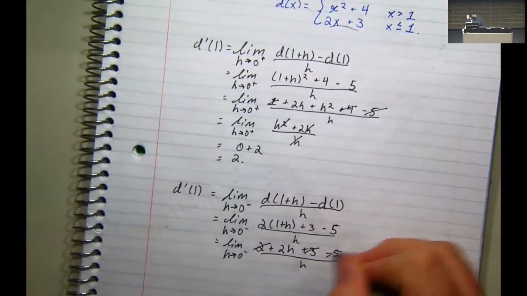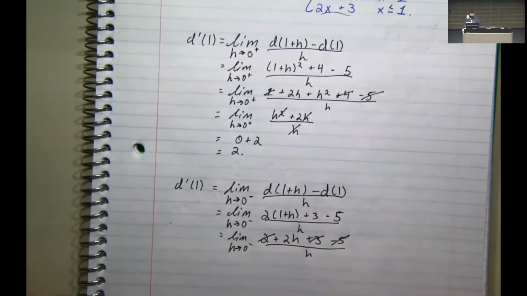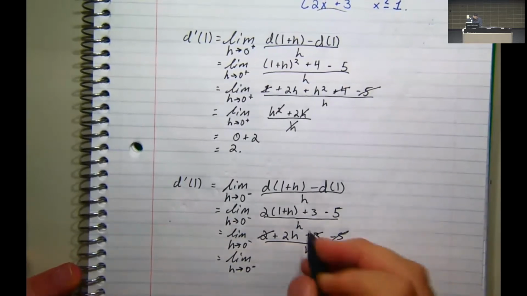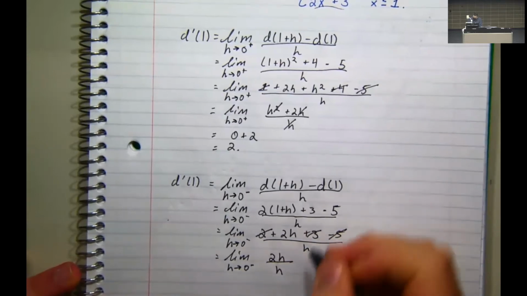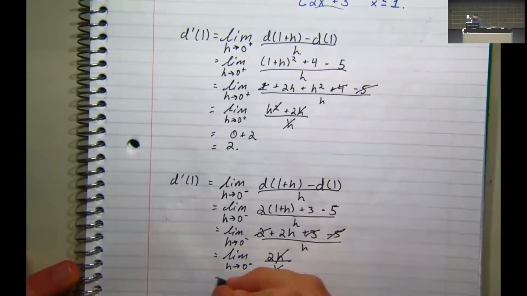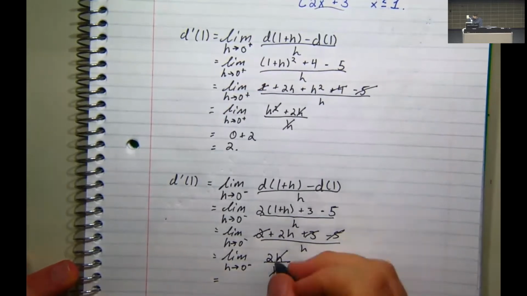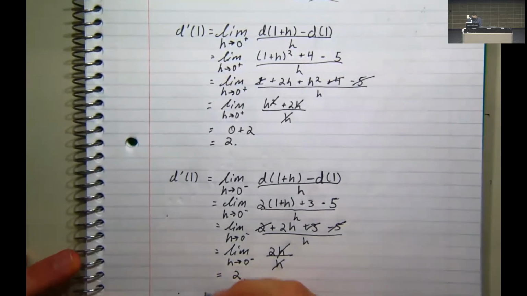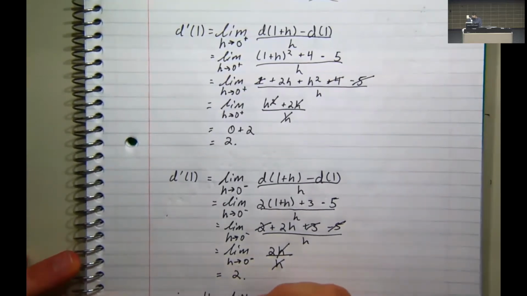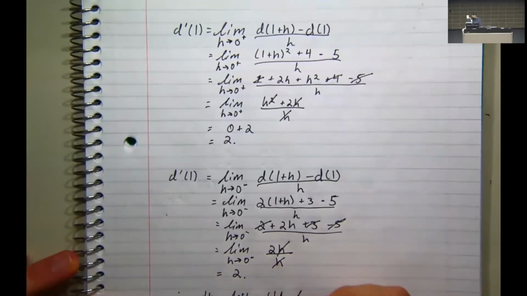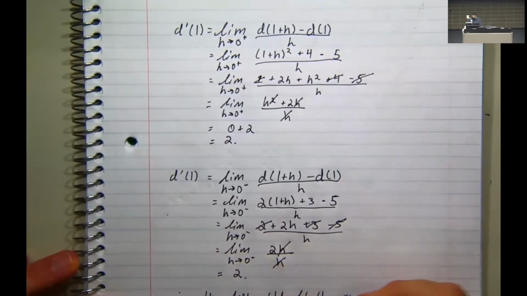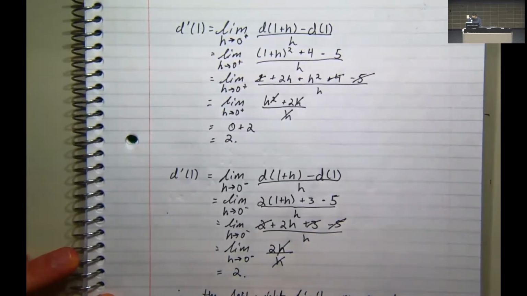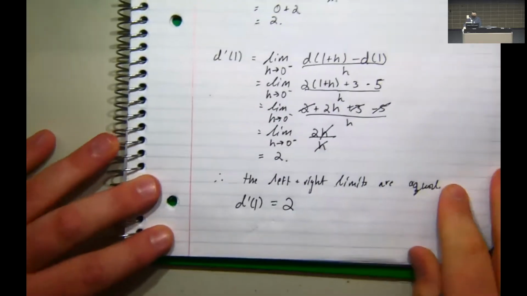Constants cancel again: 2 plus 3 is 5, minus 5 is 0. So we have the limit of 2h over h. The h's cancel, and this is equal to 2. Therefore, the left and right limits are equal, and finally we can say that d prime at 1 is equal to 2.